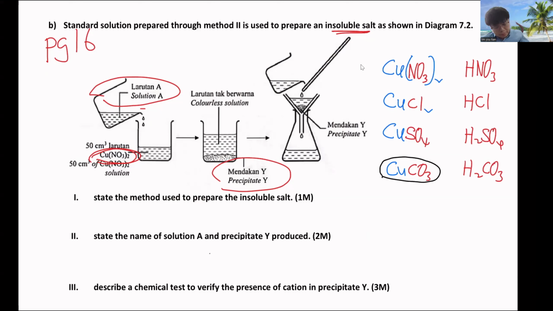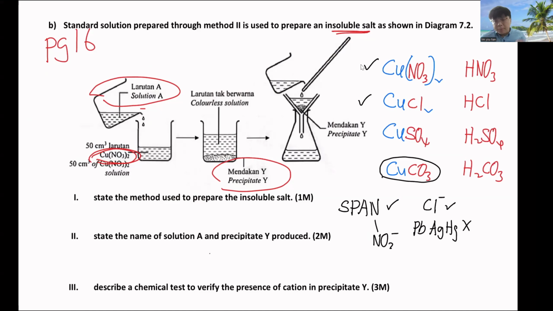Now, why is carbonate? Anything with nitrate will be soluble. So technically, nitrate is soluble already. Anything with chloride will be soluble except lead, silver and mercury. So this chloride is soluble because copper 2 chloride is not among those.